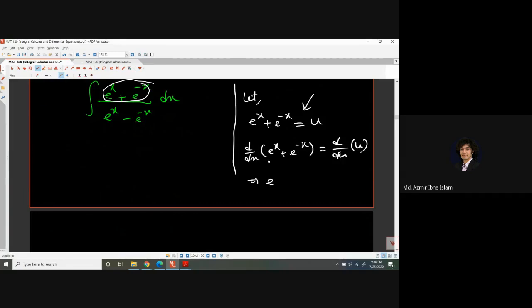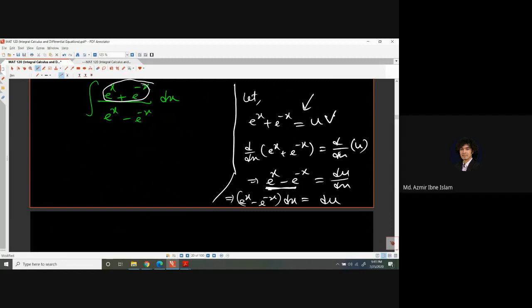The differentiation of e to the power x is e to the power x, and the differentiation of e to the power negative x is negative e to the power negative x. That is equal to du/dx. In the next step, we keep the x terms, e to the power x minus e to the power negative x dx, on the left side, and the u terms on the right side.